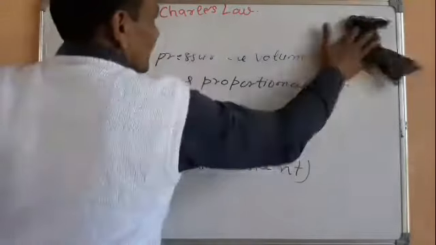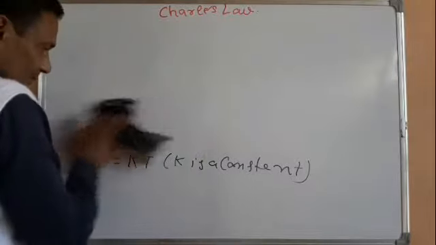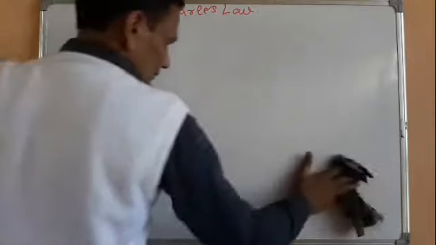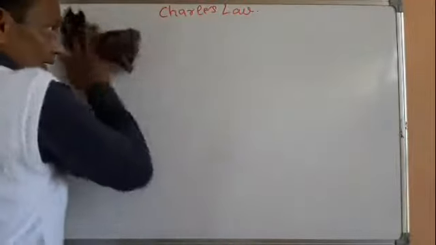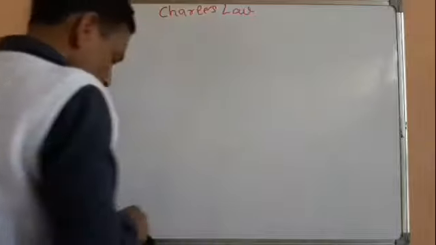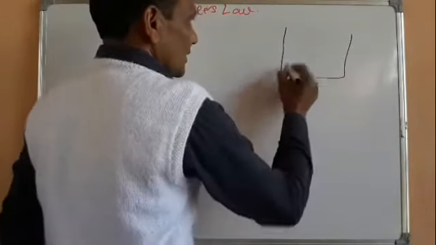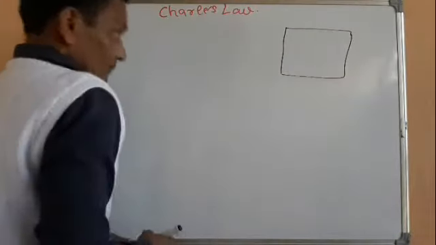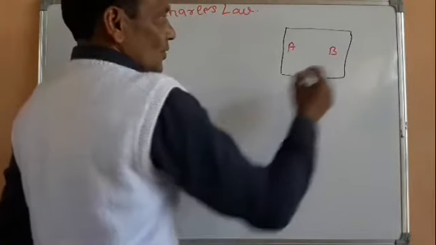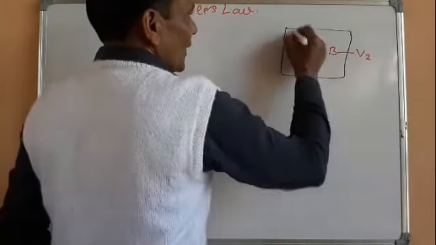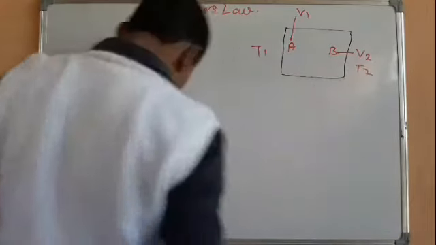So students, if two different gases are taken in a container to apply the Charles law, and the relationship between the two gases, take a container, A gas and B gas. So the volume V1 and V2 and temperature T1 and T2.